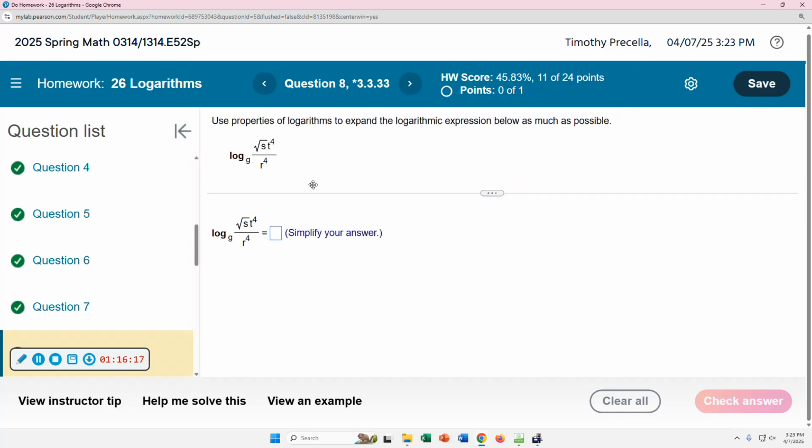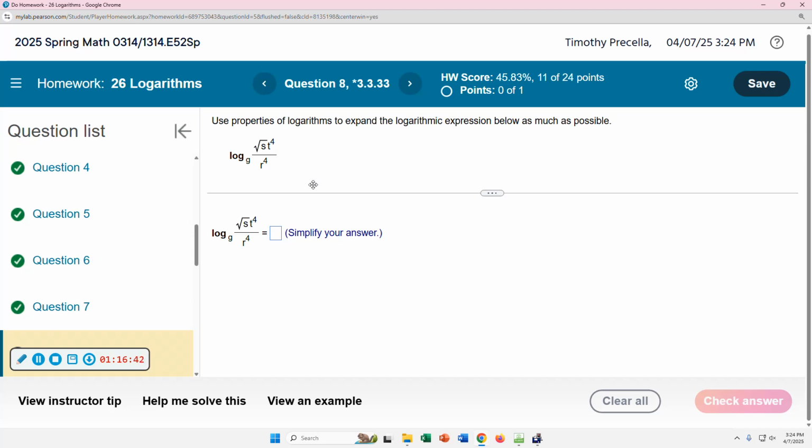Number 8, that same old tip. Here we have one thing we got to do before we just type in the answer. Log base g. Yeah, that's a g, not a 9. It's a fraction, and that is a square root of s. Notice that t to the 4th is not underneath that radical. The only thing under that radical is s.